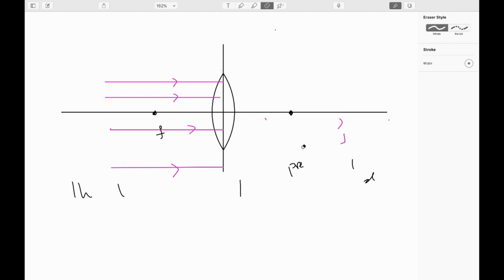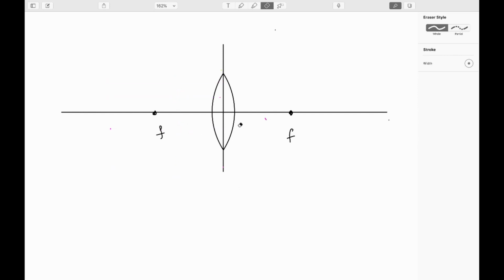You'll notice too that I actually drew in 2 focal points. This is because in the thin lens approximation, the lens works the same frontwards and backwards, so it's symmetric that way.